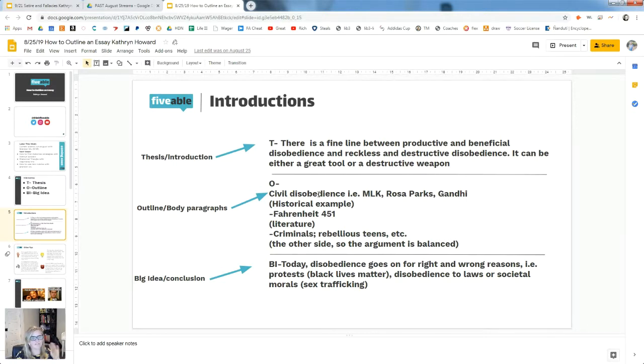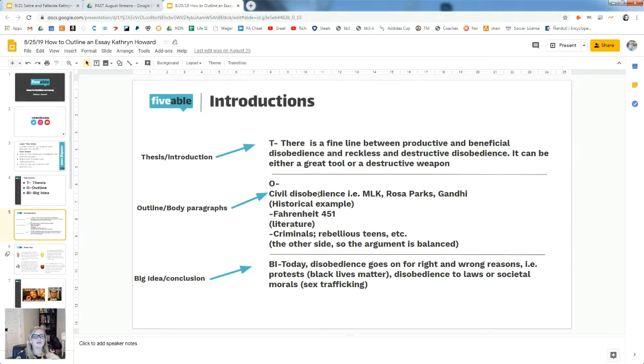So the ones I like to choose from are a historical example, a literary example, a personal example, which is the only time you can use I, me, we, stuff like that, or a modern example. Those are the 4 strongest ones to choose from, and I would recommend choosing 3 different ones.